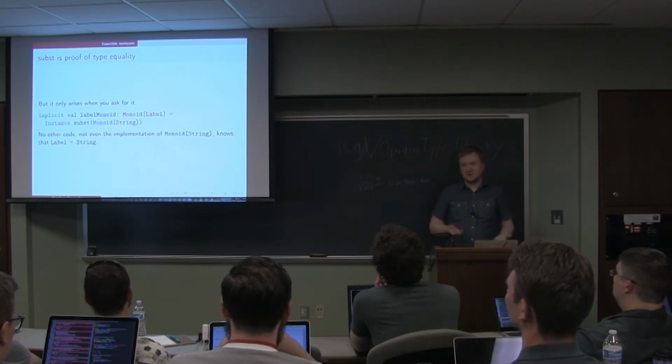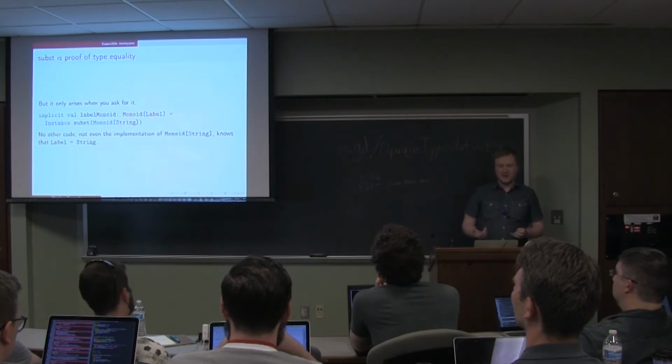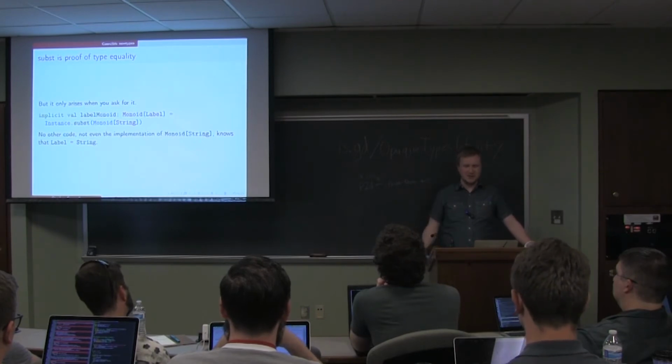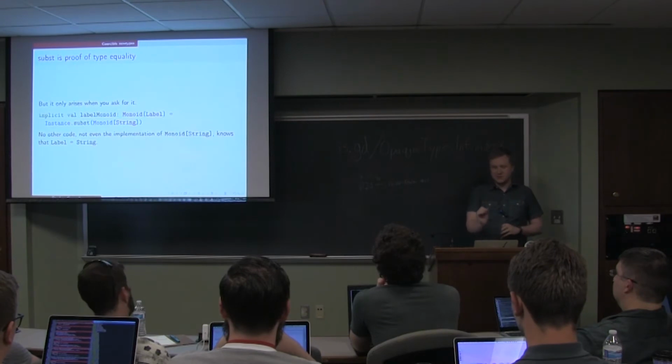So in this case, I've cheated to define a monoid for label by just taking the monoid of string and substituting string for label in its type, which is really at runtime just the same monoid, except I've just tweaked its type a little bit, and now I have a monoid of label. But the fact that label equals string was only revealed at the call point of subst.